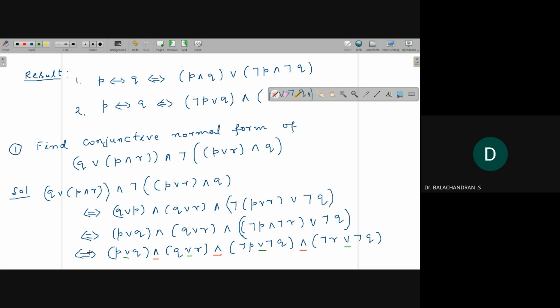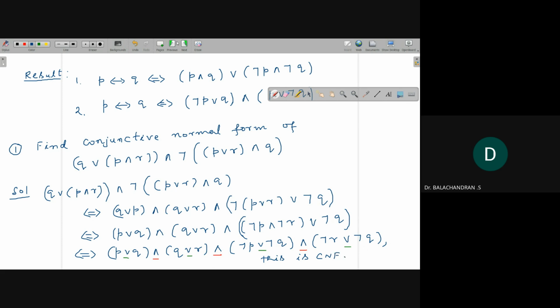This is a product of elementary sums, or this is the CNF of the given formula.